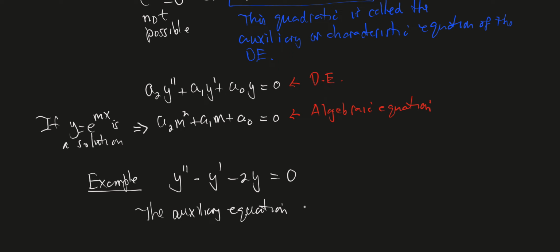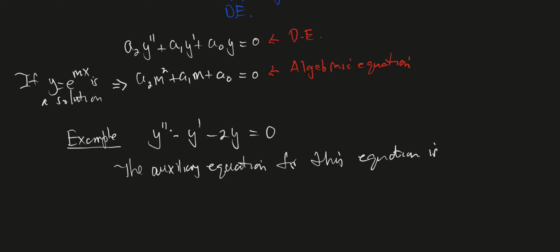So the auxiliary equation for this differential equation is, let's write it down. My a2 is 1, a1 is -1, and a0 is -2. So basically it's the exact same coefficients, but we now end up solving a quadratic that looks like this.